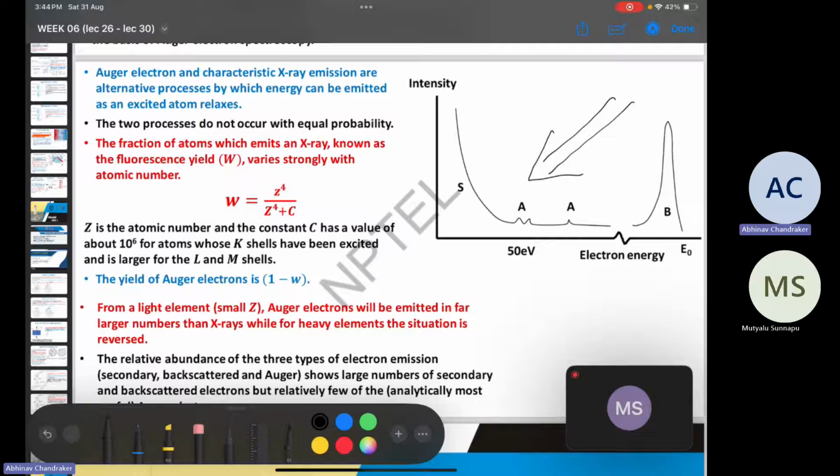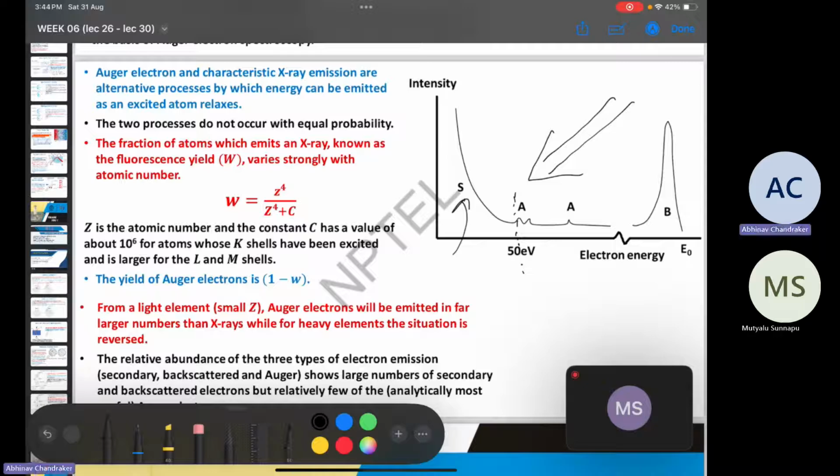All the electrons which are knocked out are called secondary electrons. Those electrons which come out from the surface with an energy lower than about 50 electron volts are majorly secondary electrons.